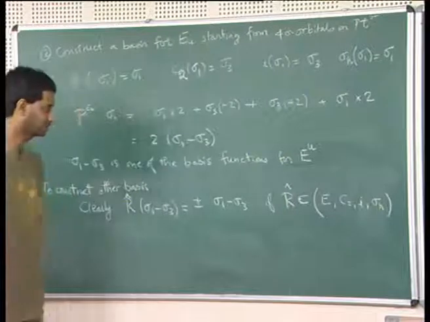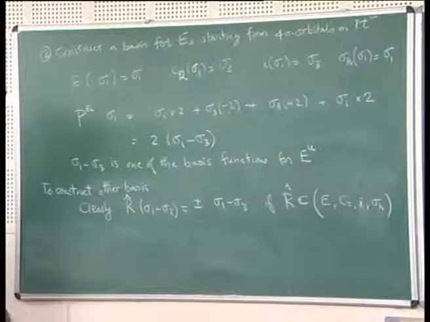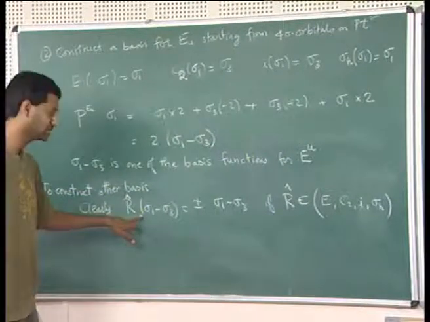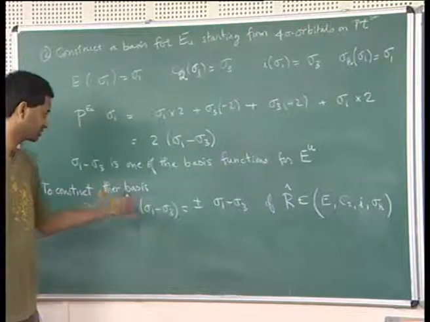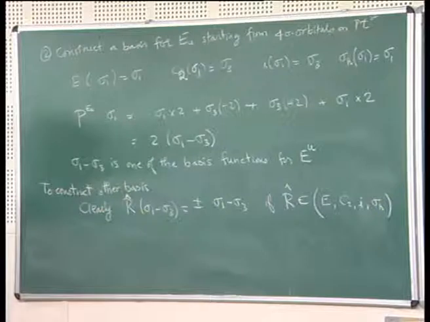These 4 operations will give you exactly sigma 1 minus sigma 3. This is very obvious, because these are the operations that have non-zero projections.